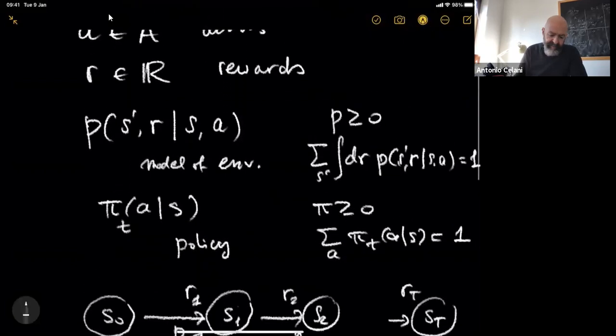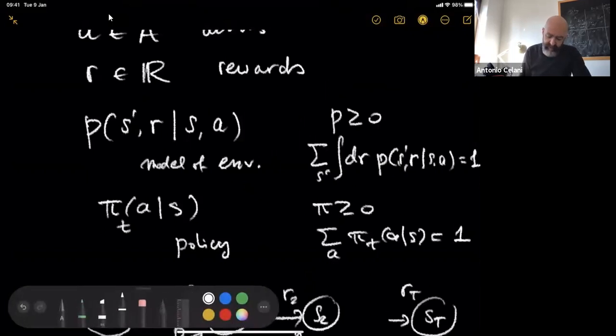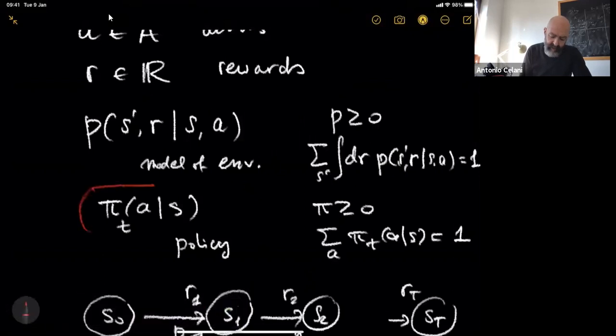Like I said yesterday, the handle that you have on such a system is through the policy, just this object here, and this is the controllable part. Whereas this part here is not controllable.